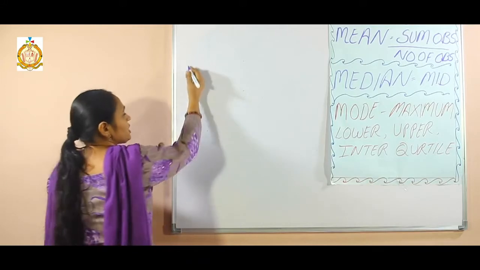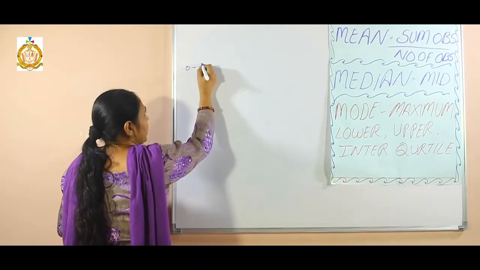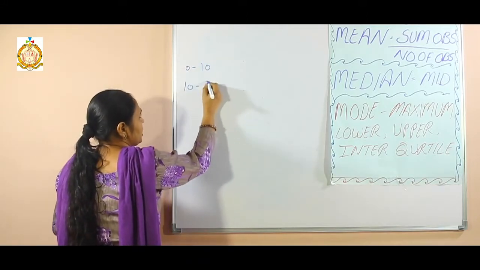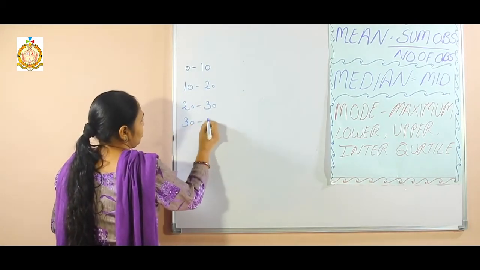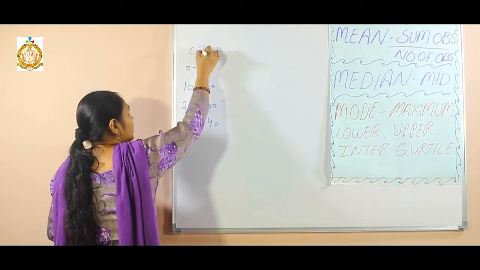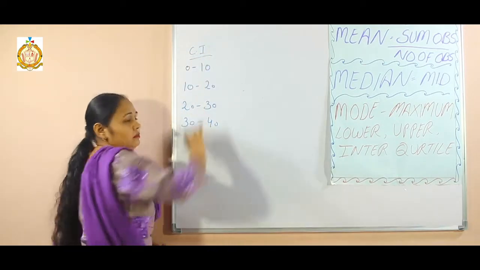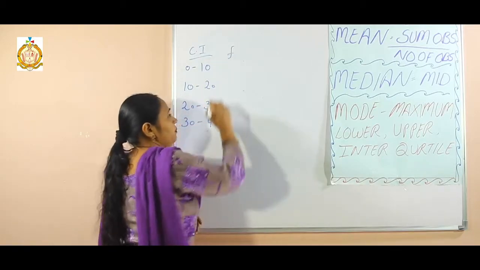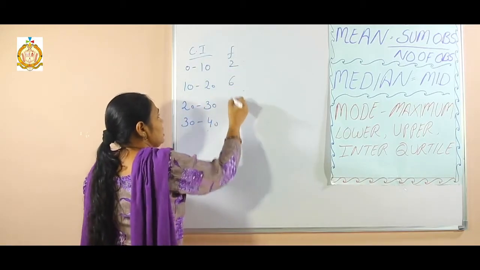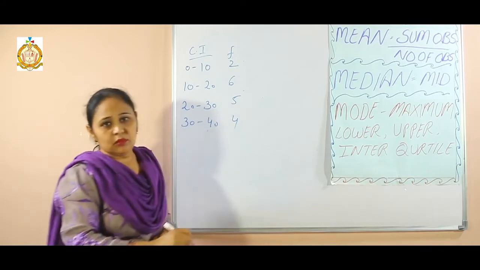Now this value is given to me: 0 to 10, 10 to 20, then 20 to 30, then 30 to 40. This is the class interval given to me. Then frequency is also given to me, like 2, 6, 5, 4.